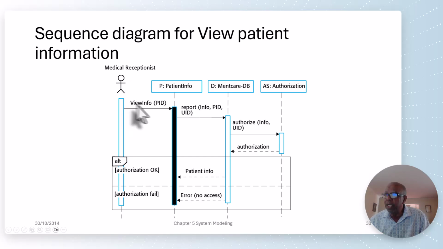In this particular case, the medical receptionist is viewing patient information. That patient information is coming from the database. It's defined here. In order to get to that database, you're going to need authorization. So we're going to ask for authorization and we're going to get it back. So this is the whole process just for this particular use case, okay, on how the data flows and how the interaction happens between the medical receptionist and the system, including authorization.